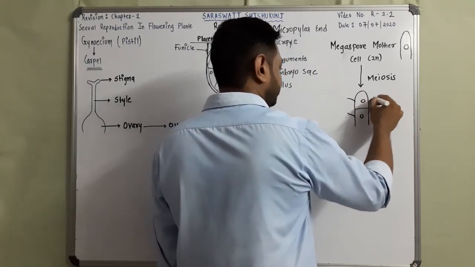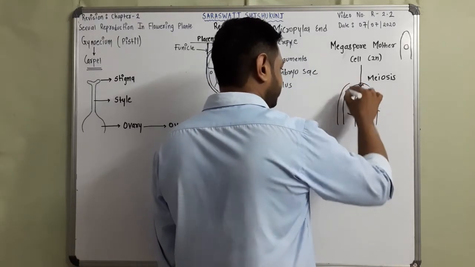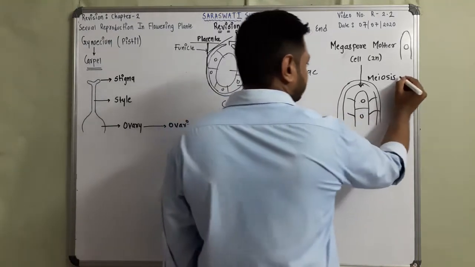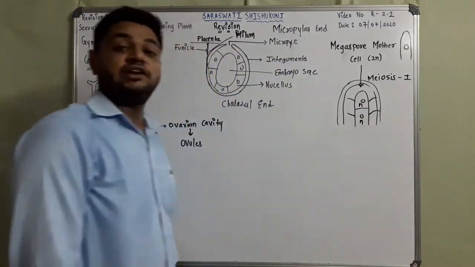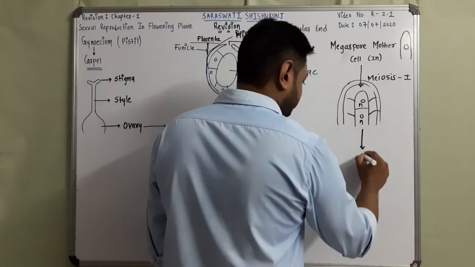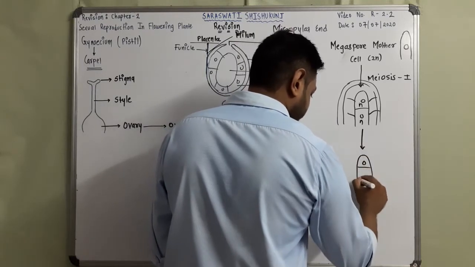Outer to it there is the nucellus, right, and outer to that is the integument. So this is meiosis 1. It results in a haploid stage because it undergoes meiosis 1. Further, it divides to form 4 megaspores.